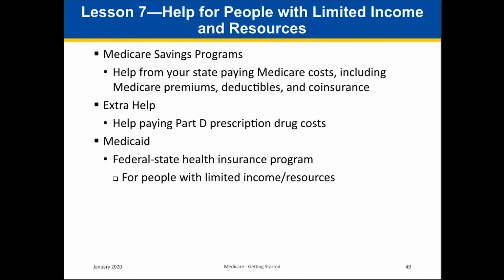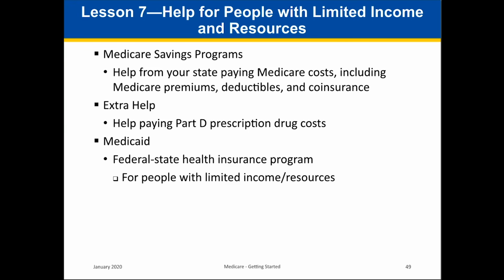So we talked about the costs and the coverage for A and B and for Part D. So let's go over really quickly assistance with some of those Medicare costs. There are programs available to help people with limited income and resources with the health and prescription drug costs.